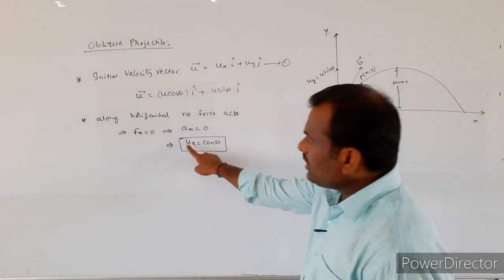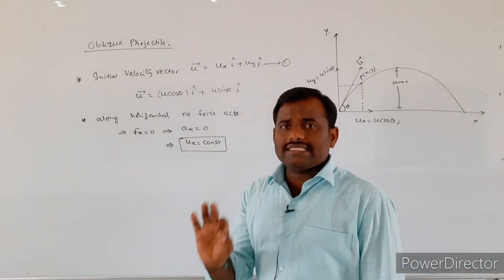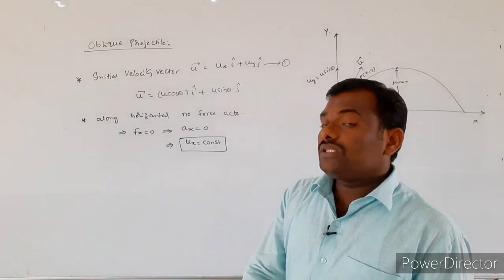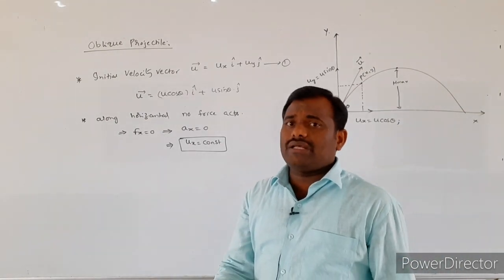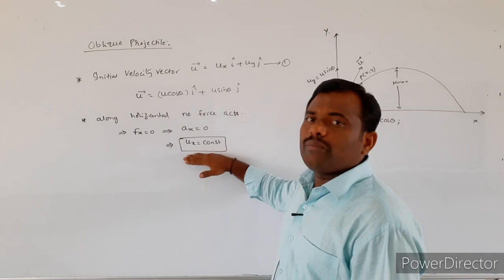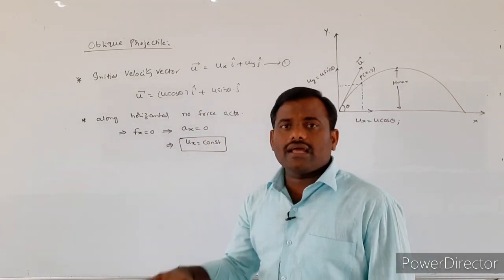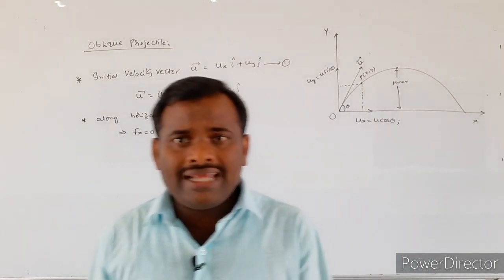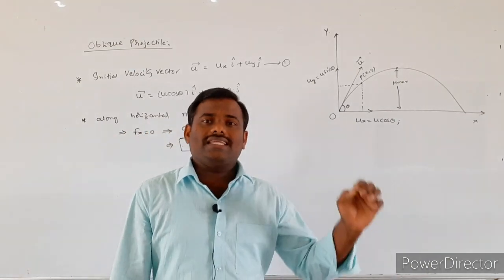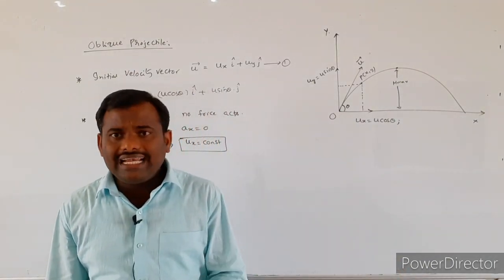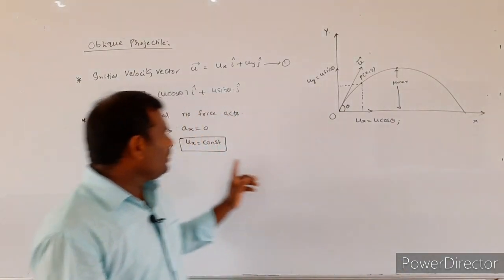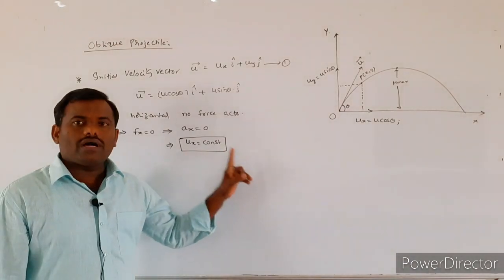Ux indicates the velocity present along the x-axis. No change in horizontal velocity means the horizontal component of velocity remains constant in its trajectory. That only we wrote: Ux is equal to constant.